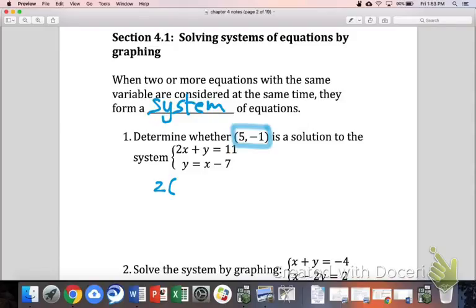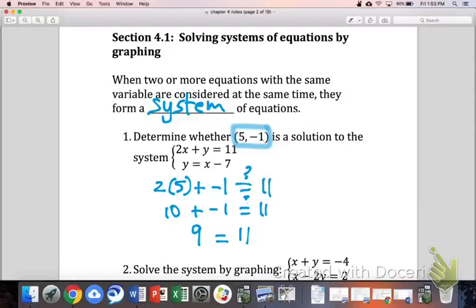Because it's x comma y, just like we typically do. So 2 times 5 plus -1 possibly equals 11. We just follow order of operations here. 2 times 5 is 10. And what's 10 plus -1?